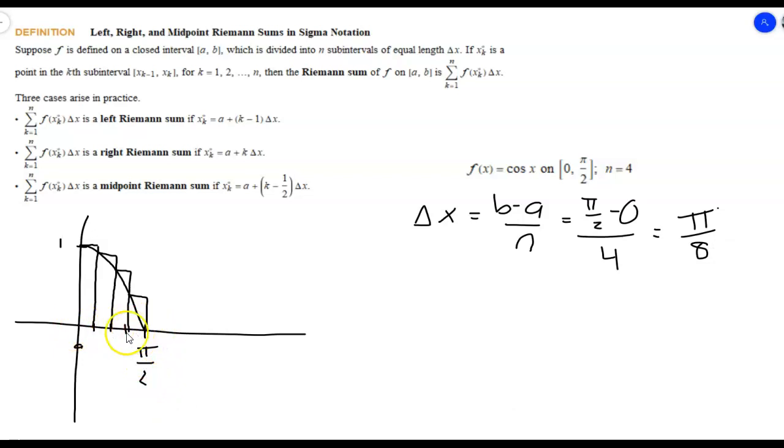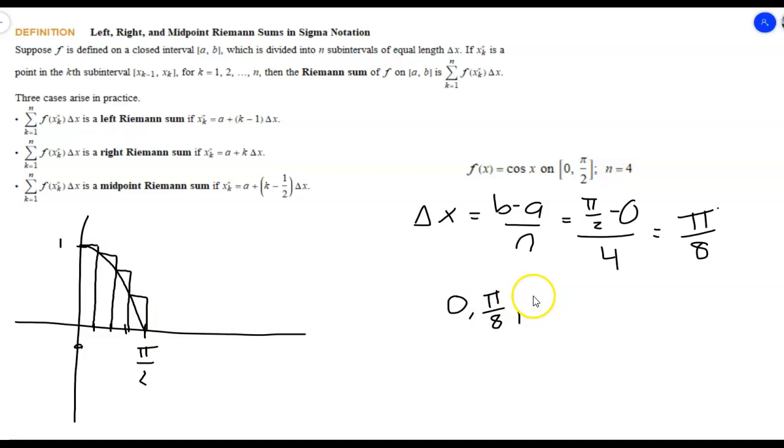So that's that. And then we want to calculate our 4 endpoints, the ones that we're going to use for the heights of these rectangles. So we know we're starting right here at A, so we're going to be using 0. And then this one is pi over 8 to the right, so you just add pi over 8 to 0, and you get pi over 8.